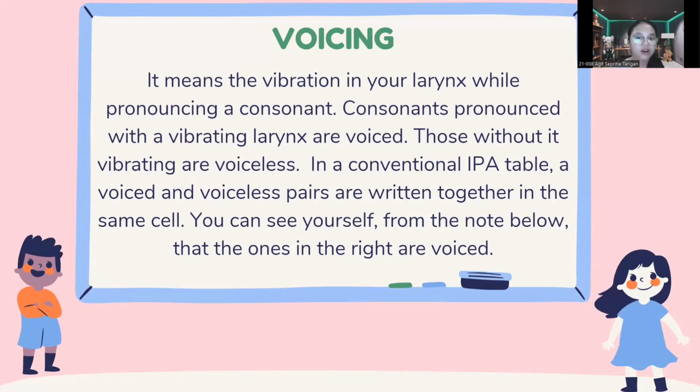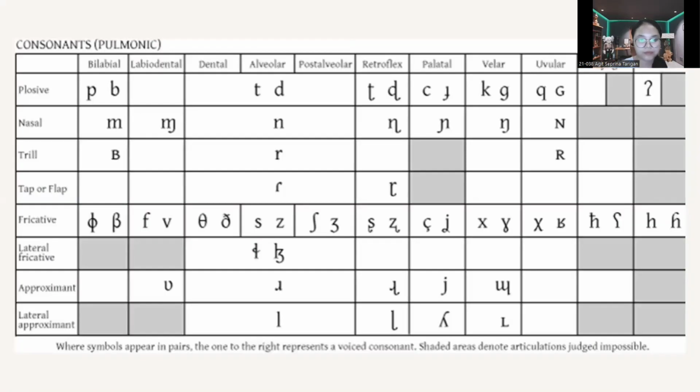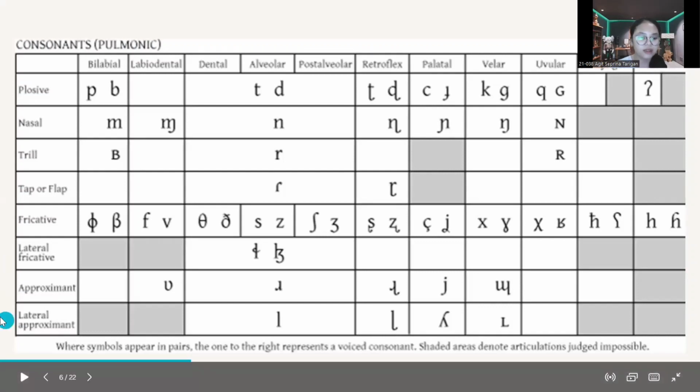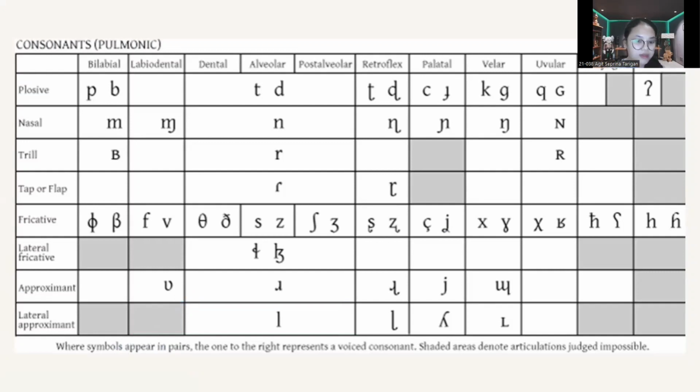In a conventional IPA table, voiced and voiceless pairs are written together in the same cell. So you can read below the chart. Where symbols appear in pairs, the one to the right represents a voiced consonant. So the right represents a voiced consonant and the left represents a voiceless consonant.